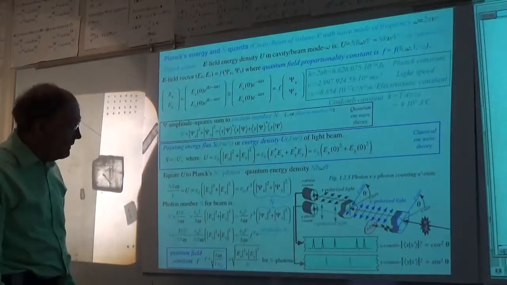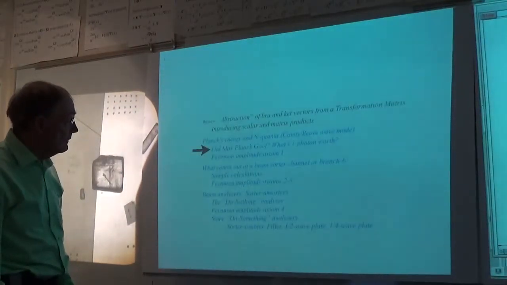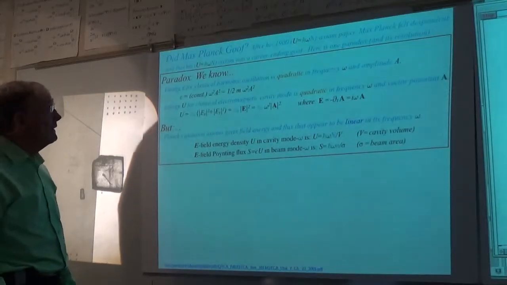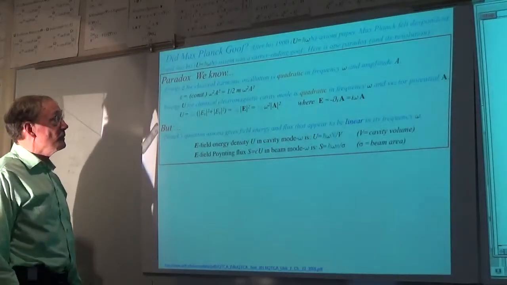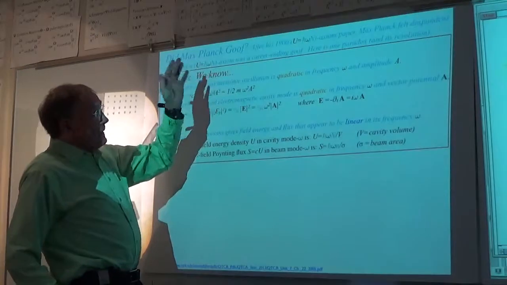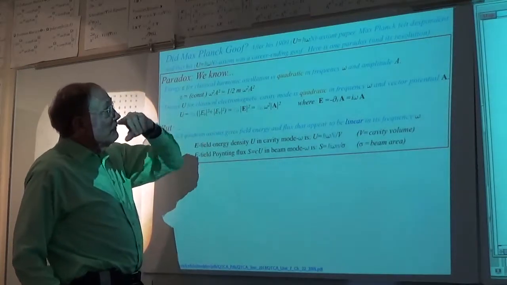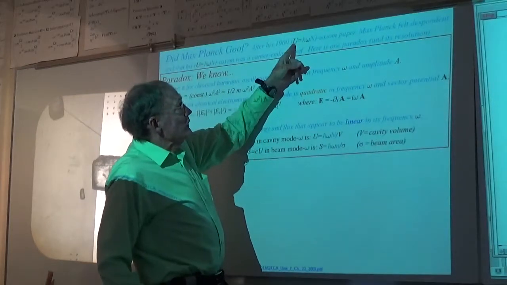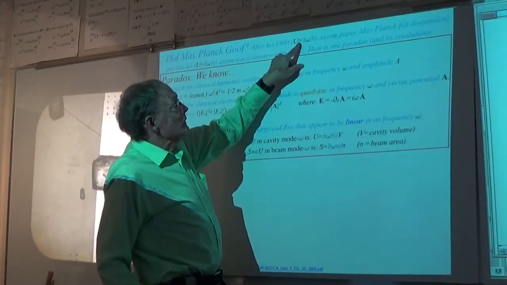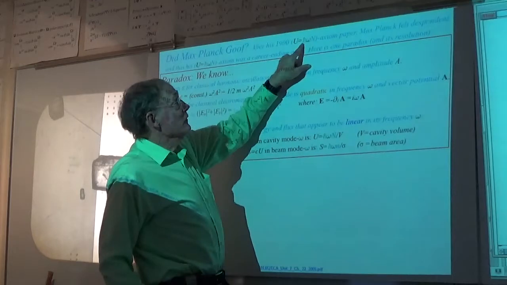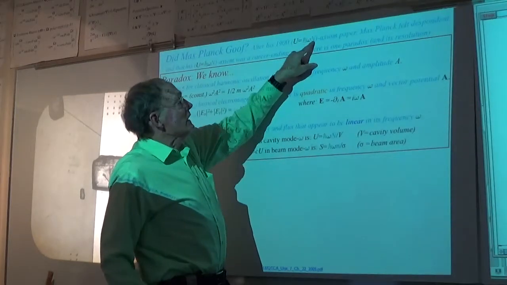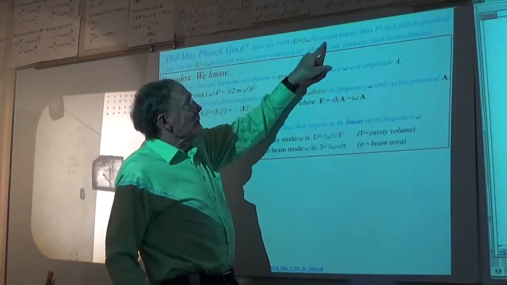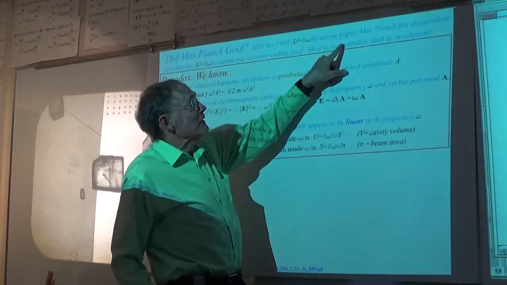Let's look at some of the numbers associated with that. And I also asked the question, did Max Planck move? As far as I can tell from a little bit of history I know about this, the 1900 energy density U equals h bar, well, he didn't use that notation, h nu n, this axiom, his axiom paper.